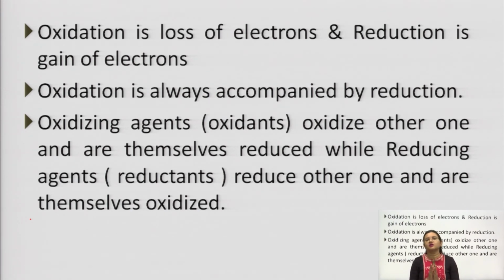Oxidizing agents or oxidants are the agents which oxidize the other component or other reactant and themselves get reduced, and reductants are the reacting species which reduce the other ones and themselves get oxidized.